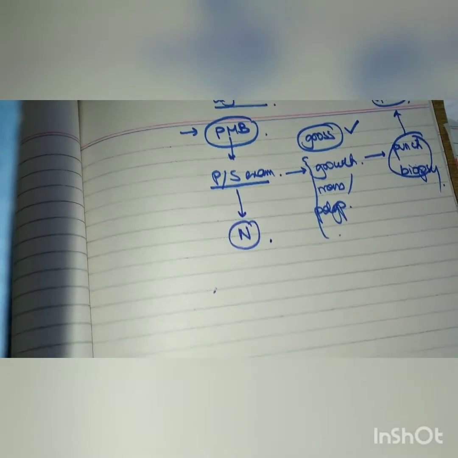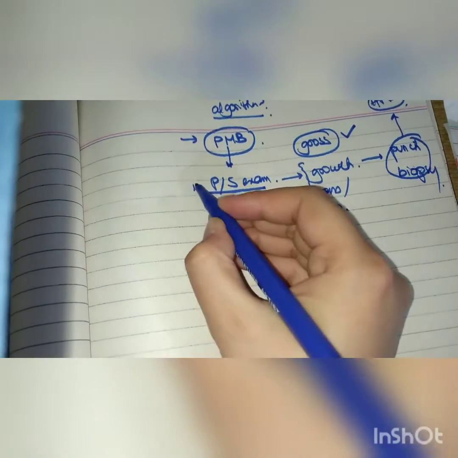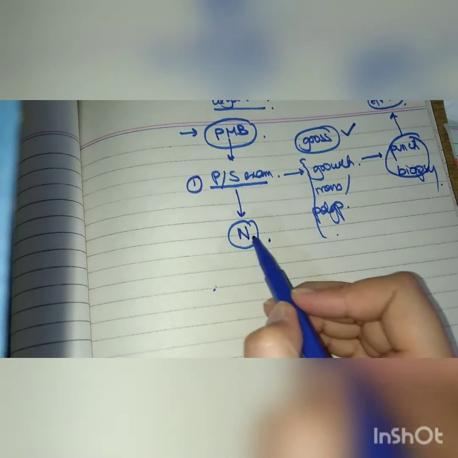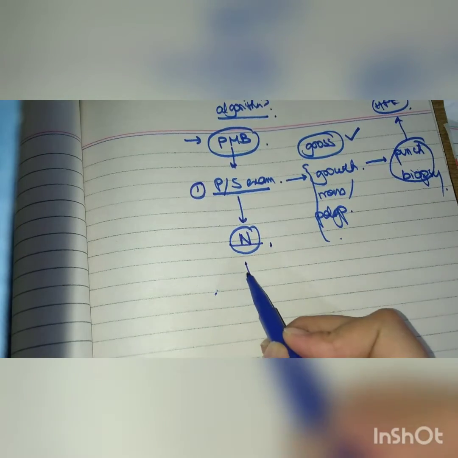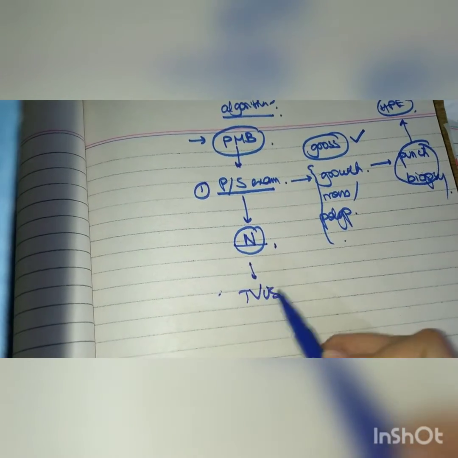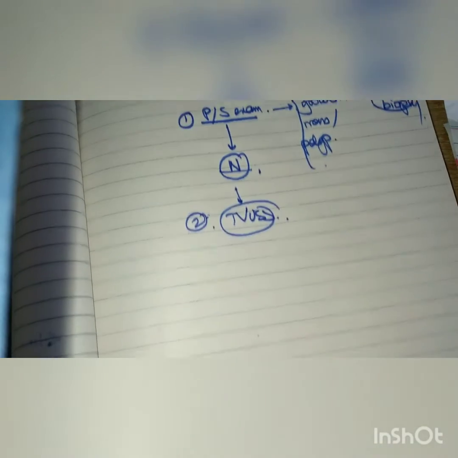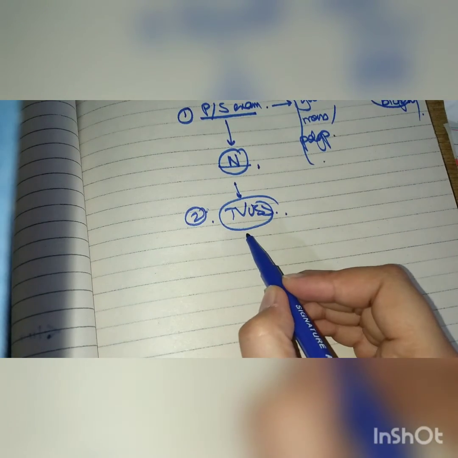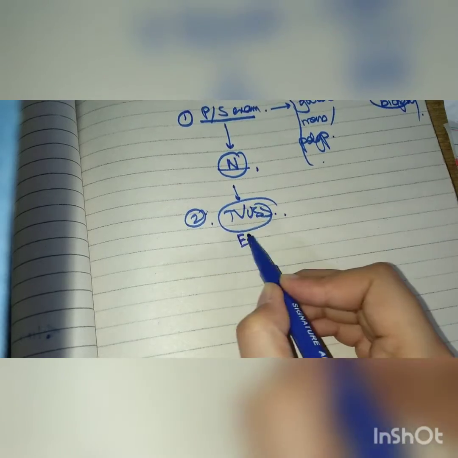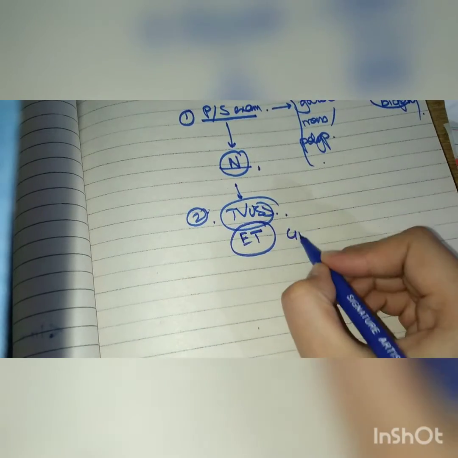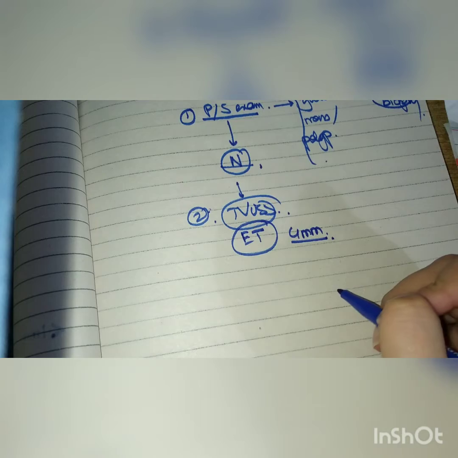Now what are we going to do? If the per speculum examination is normal, then we are going to go for transvaginal ultrasound. Transvaginal ultrasound is the second step, and in this case we are going to look at the endometrial thickness, ET, and the cutoff mostly is 4 millimeter.